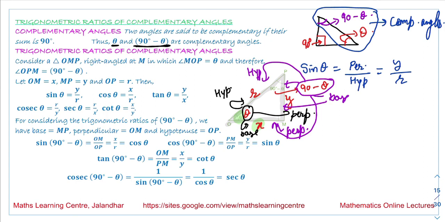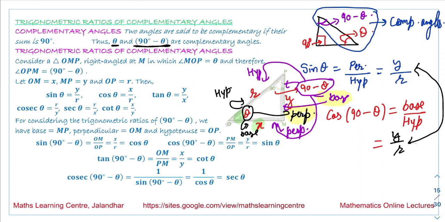And the value of cos 90 minus theta is equal to base over hypotenuse. This is the base for 90 minus theta and the perpendicular for theta. So the answer we get is y over r. So sine theta is equal to cos of 90 minus theta.